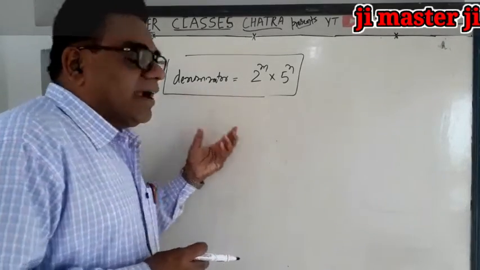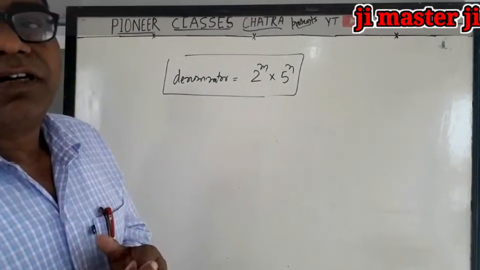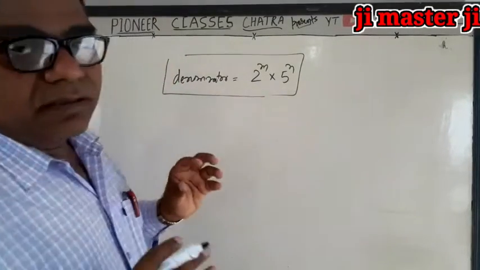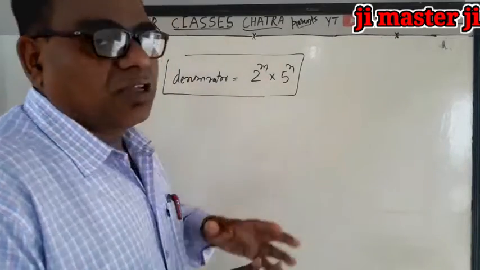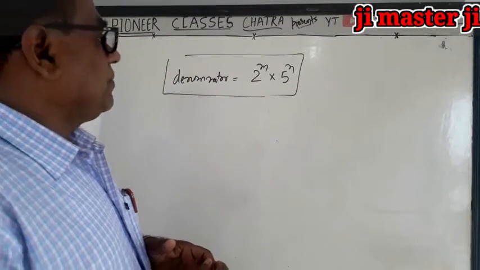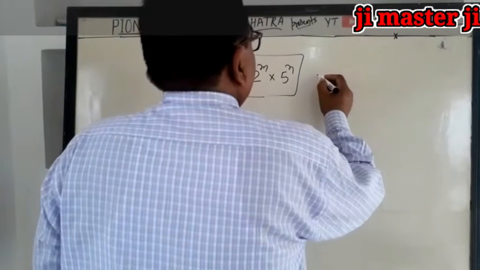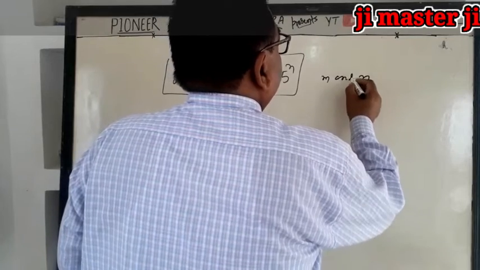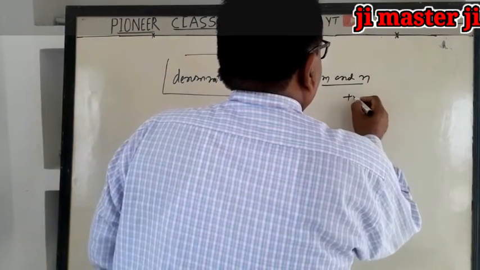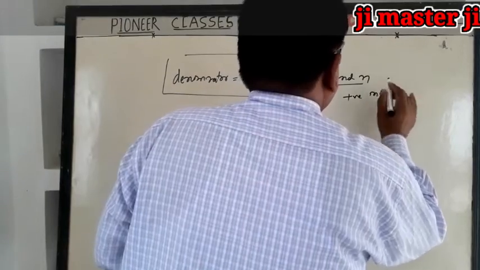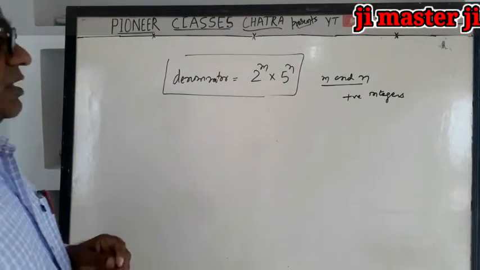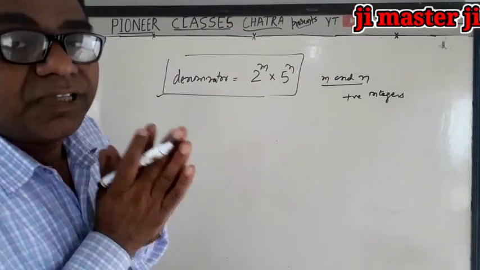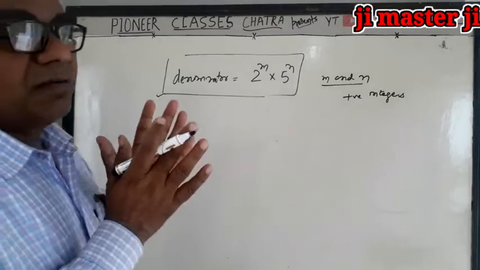First we find the prime factorization of the denominator of the given number, and if we find the prime factorization is of the form 2 to the power m and 5 to the power n, where m and n are positive integers, certainly the decimal representation of that rational number will be terminating.